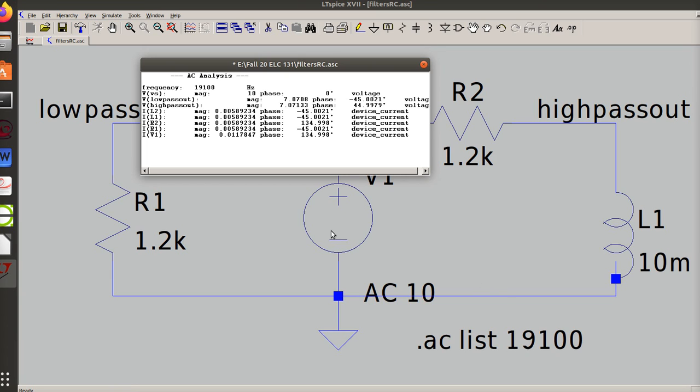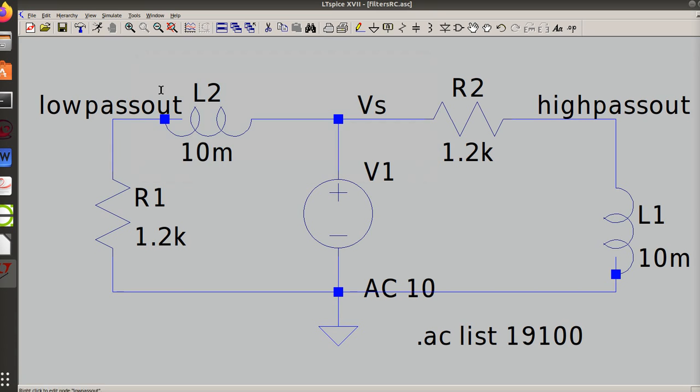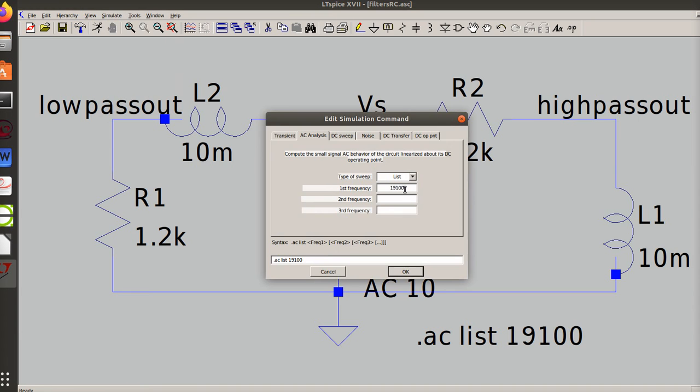Okay, so now I want to try a decade below and a decade above. And if I go a decade below, I'm going down to 1910. And so my low pass should be very high, close to 10 volts. My high pass should be close to nothing. So I'm going to edit my simulation command and get rid of one of those zeros.